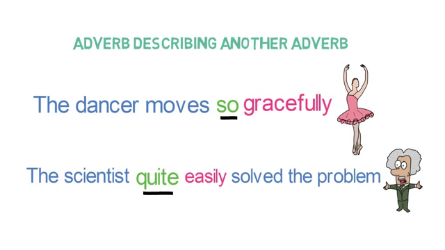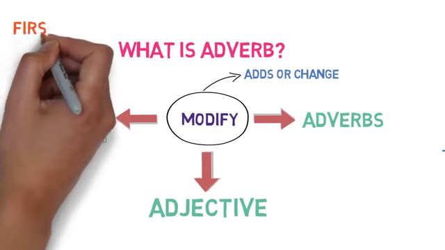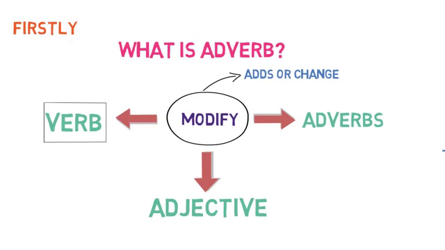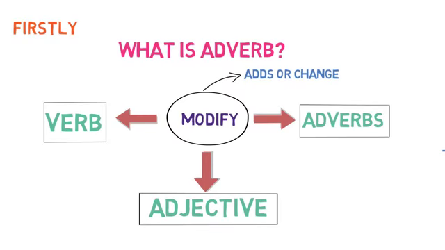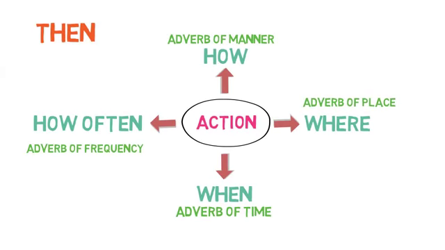So these are the basics about adverbs that you should know. Let's quickly revise what we have learnt in this video. Firstly, adverbs are the words that modify three things: verb, adjective or adverbs. And depending on the way in which an adverb describes any action or verb, they are further divided into four types.